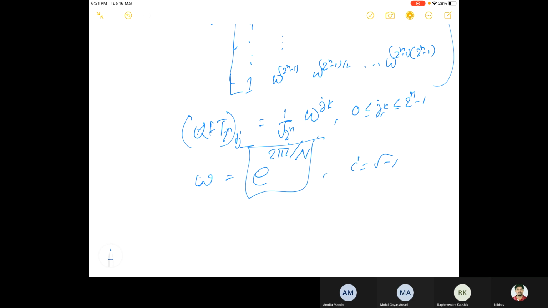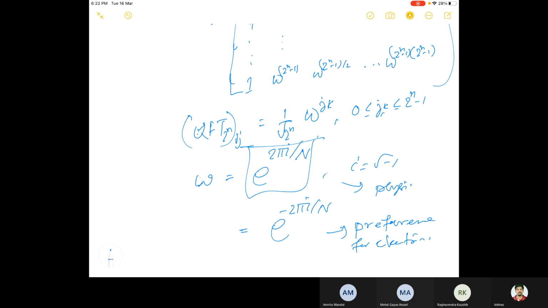But electrical engineers prefer omega to be the same with a minus sign, which gives a different matrix, though it is also a 2 to the power n root of unity. So this is the preference for electrical engineers, and this is for physicists.